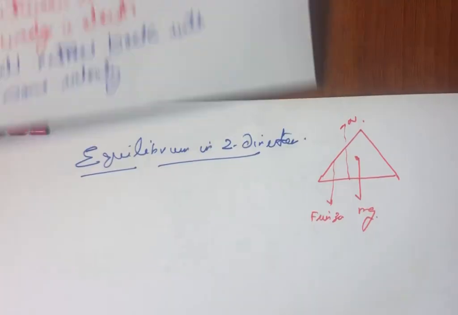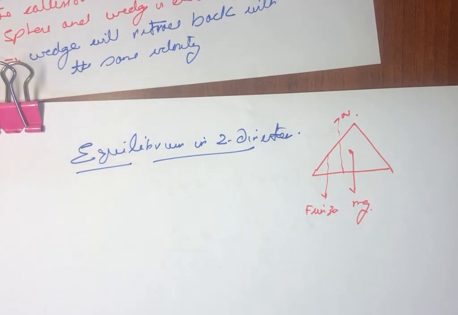So the wedge will be in equilibrium in the vertical, z direction also, as there is no rotation.